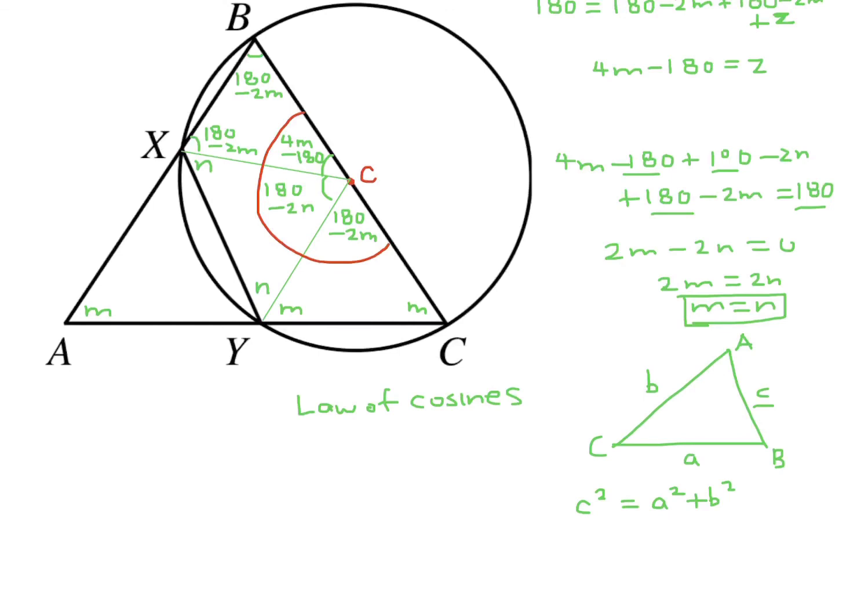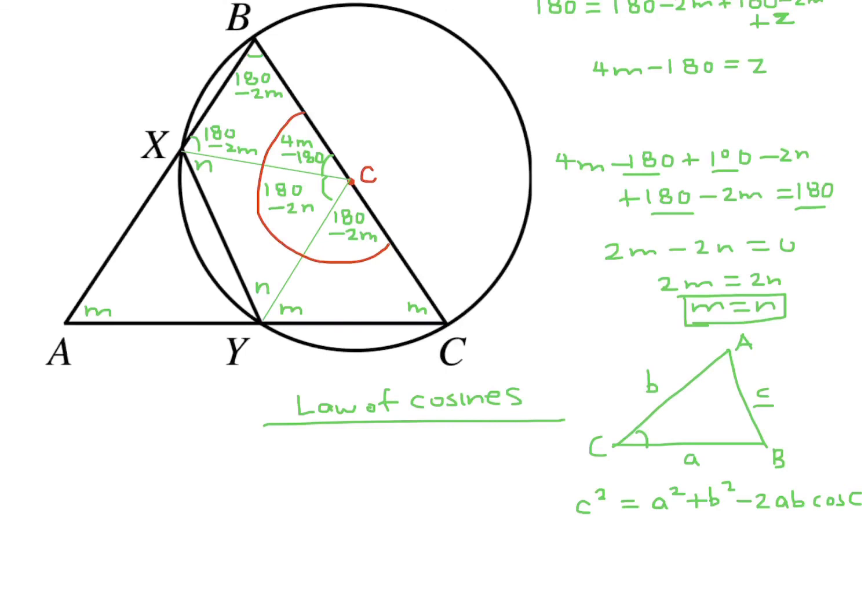Looks a lot like the Pythagorean theorem, but this is not a right triangle, so we have to incorporate the angle: minus 2AB cos of C, the angle. So that's the law of cosines, and we have to implement that on this shape.